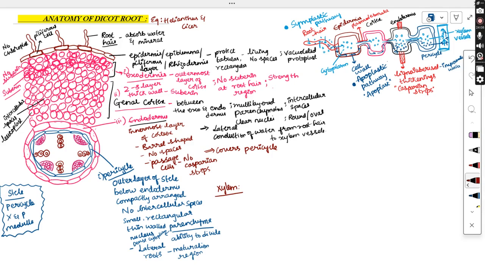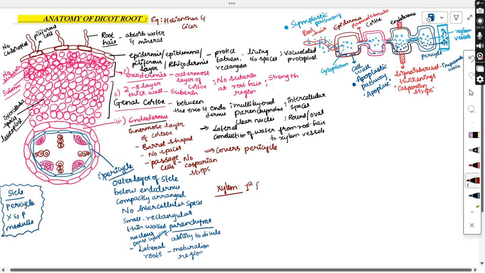Usually the first formed xylem is called primary xylem, and the xylem which is formed later than the primary xylem is called secondary xylem. Based on the arrangement and their formation, even in the primary xylem, we have protoxylem and metaxylem.